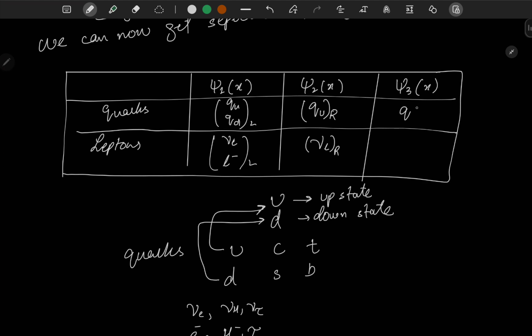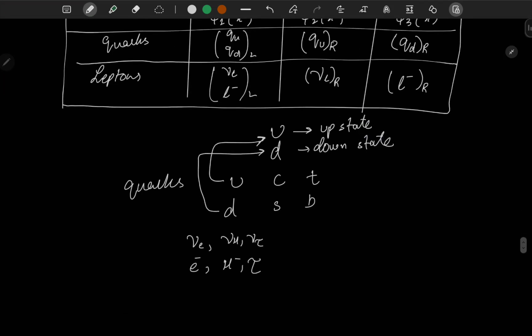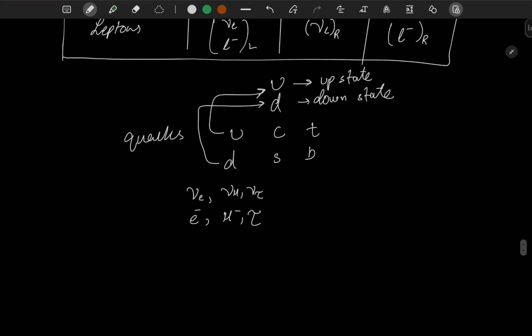And the third field is down type quarks, right-handed down type quarks, and they are singlets. Similarly, right-handed down type leptons. So these are the three fields which we are going to use.